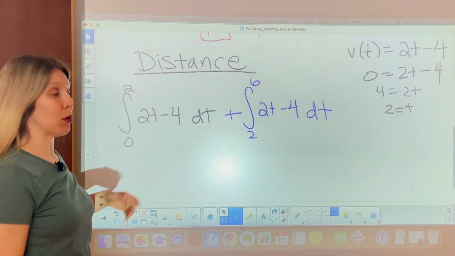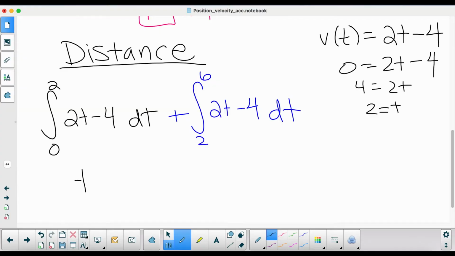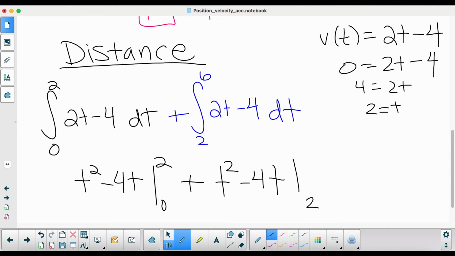So we're going to integrate both. We've already integrated, so we know that this is t squared minus 4t, evaluated from 0 to 2, plus t squared minus 4t, evaluated from 2 to 6.